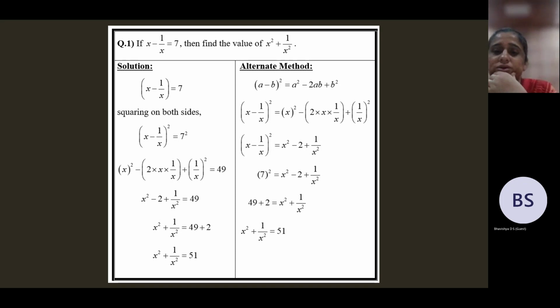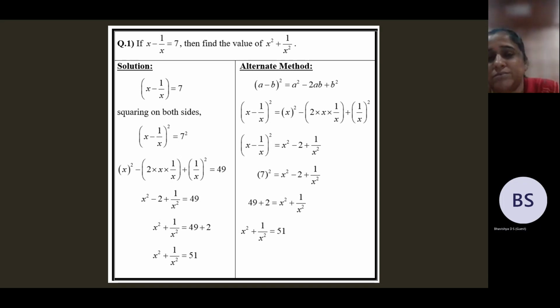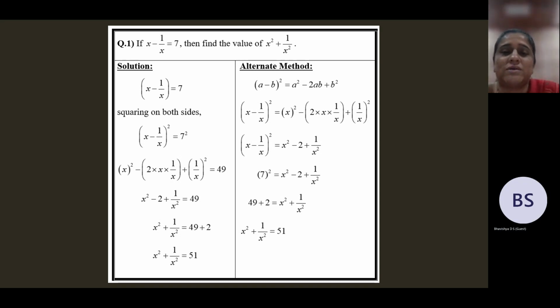Oh, okay. Then I'll do one thing. I'll explain and wind up the class. Then you study for tomorrow's exam. I'll explain all the sums in this presentation. You can take screenshots and complete it later. But before the next class, can you complete it? Tomorrow before 5 o'clock, I will finish it and send it to you. Very good girl. Okay, do that. Now take a screenshot and ask me if you have any doubt.